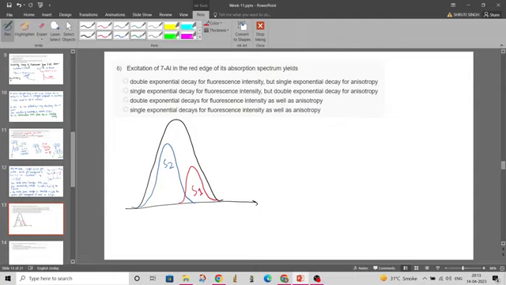If we excite at the red edge here, then the S2 to S1 convergence should not happen, here at lambda 3, for example, here in between.